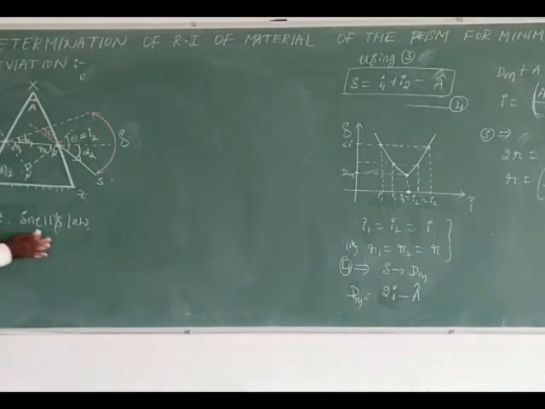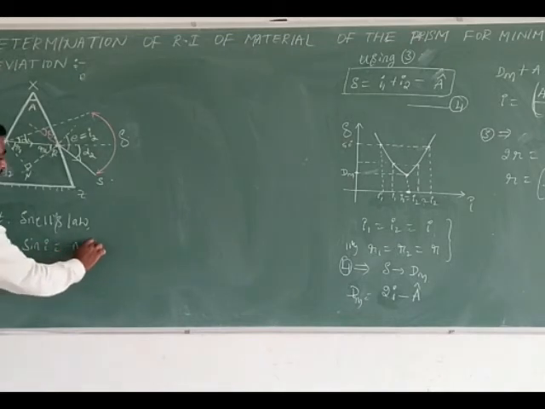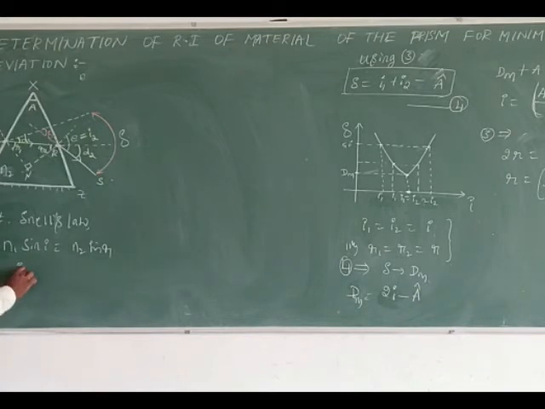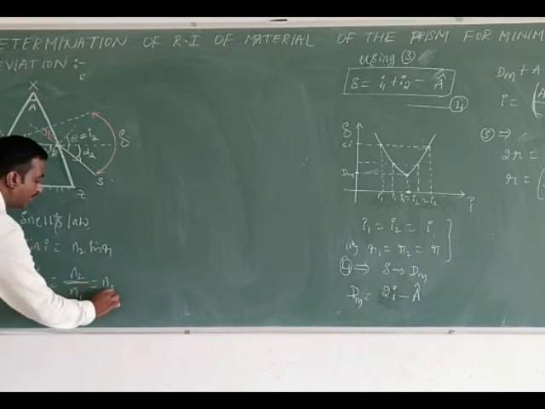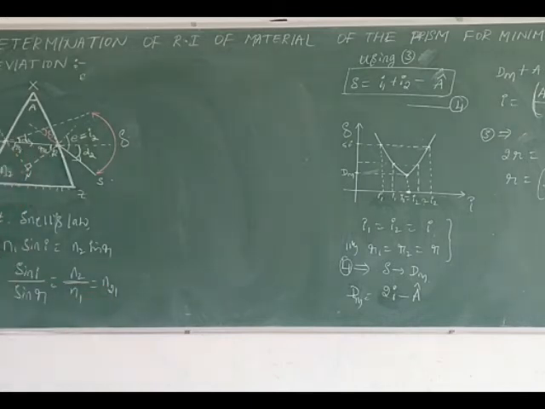So n1 sin I is equal to n2 sin R, so sin I divided by sin R is equal to n2 divided by n1, the refractive index of the second medium with respect to the first medium.